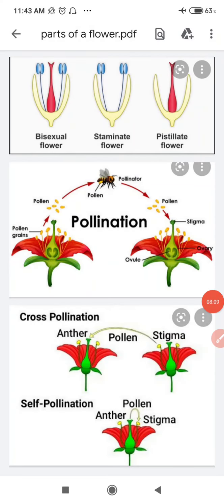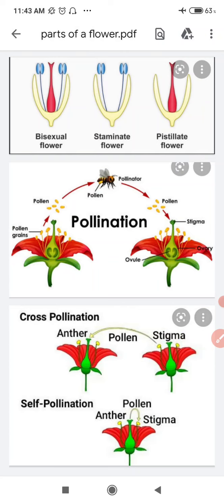And we know that all plants are immobile. It is not possible for a male plant to move towards a female flower to pollinate it. Even when the flower has both the male and female reproductive parts, it requires some external agency for the pollen grains to fall on the stigma.